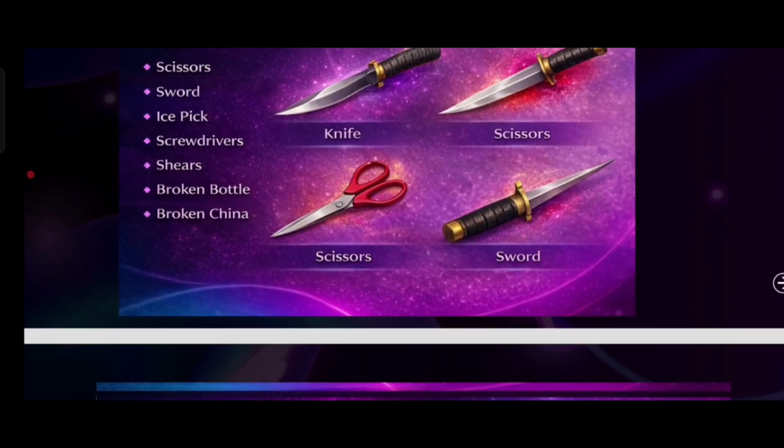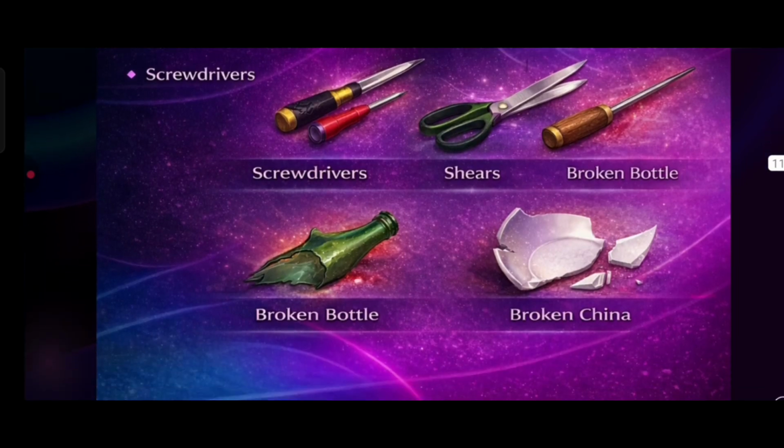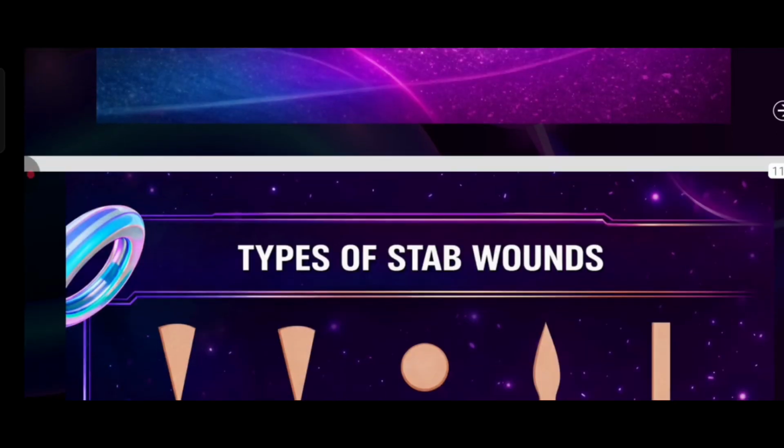Here is the pictorial diagram of knife, scissors, sword, screwdriver, shears, broken bottle, broken china.